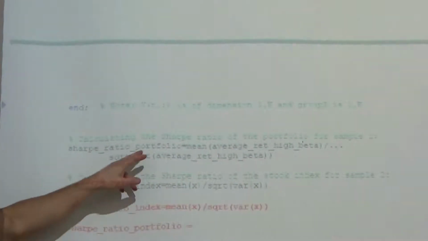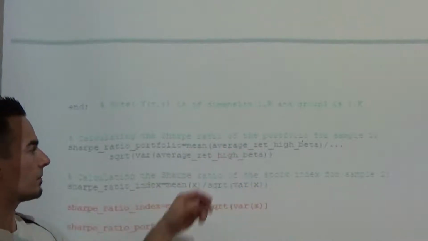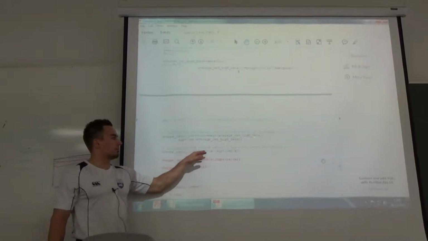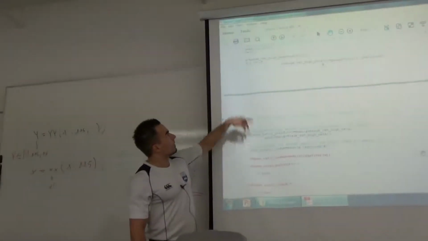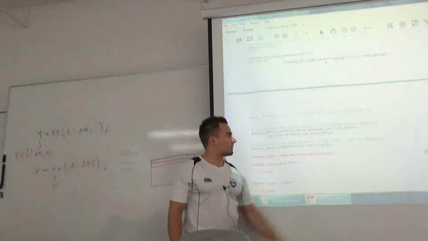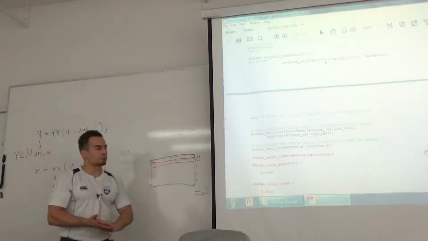The square root of the variance of the same time series. Then again, we also want to have the Sharpe ratio of the market index for the same time period for the second subsample. So we define Sharpe_ratio_index, it's the mean of x, running now from 116 to 215, divided by its volatility. Yeah.